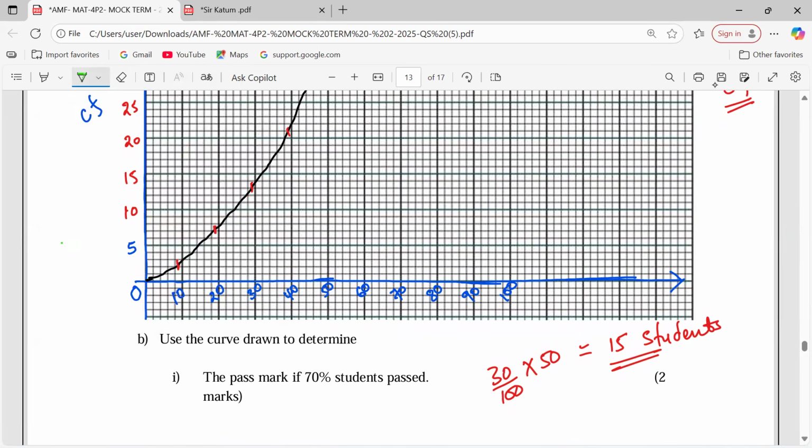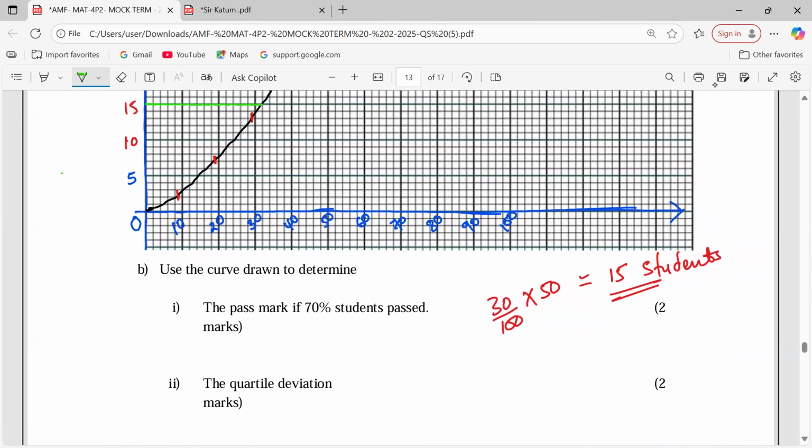Then we check what mark has been scored by the 15th student. Actually, we should talk about the 16th student. Sorry for that. Actually, those who passed now are from the 16th student upward. So it is the 16th. The lowest mark for those who passed is the mark scored by the 16th student.